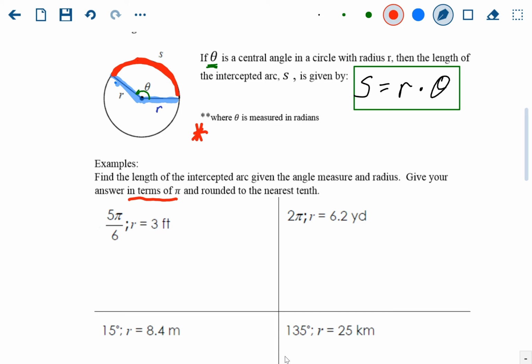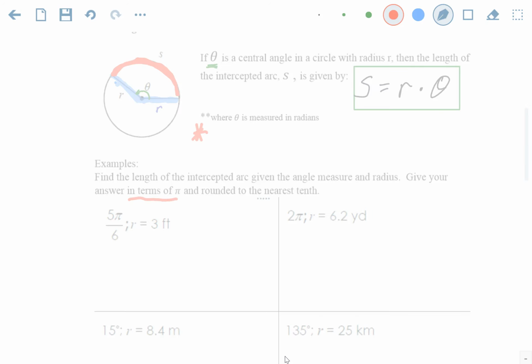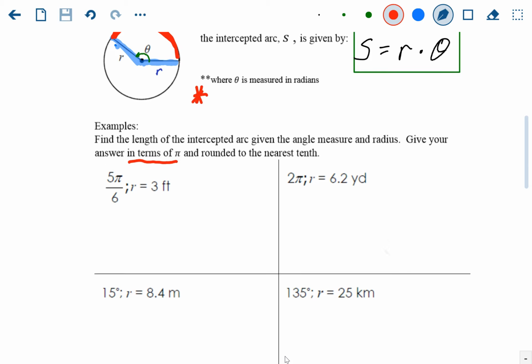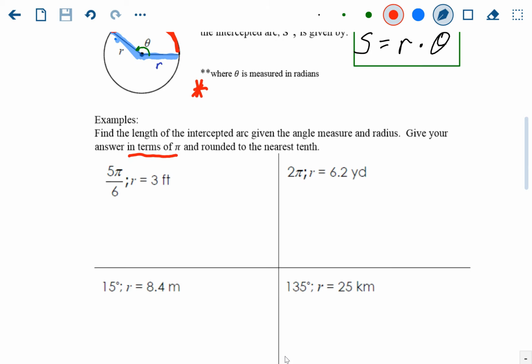Like, no one really knows what 12 pi is, but you know what 39 is. Okay. So maybe I'll do one of each, but usually I'm perfectly fine just having rounded to the nearest tenth. Okay. So if you're using pi, you could use 3.14 for pi. Again, this is going to be done mostly in a calculator.